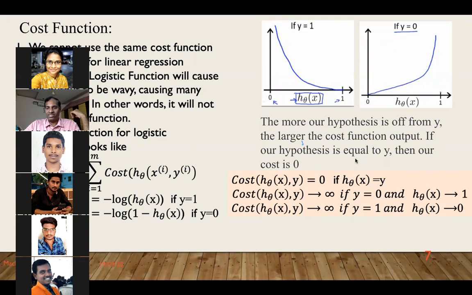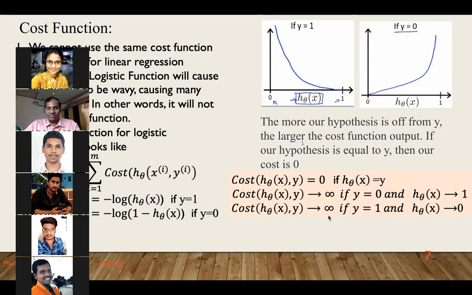If our hypothesis is equal to y, then our cost is 0. So if you want h theta x equal to 1 and you got 1, then your cost is 0 here. Here also, if you want y equal to 0, you got h theta x equal to 0, then your cost is 0. So cost of h theta x, y equals 0 if h theta x equals y. Y means the classification value 0 or 1. Cost of h theta x, y equals infinity when y equals 0 and h theta x tends to 1.